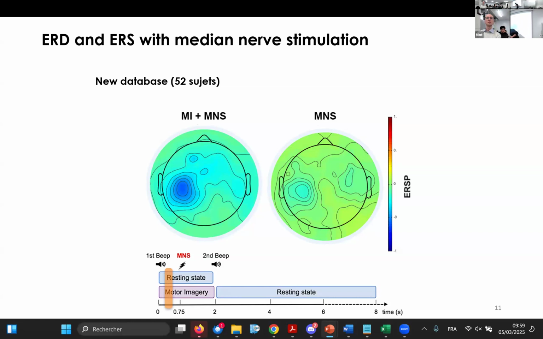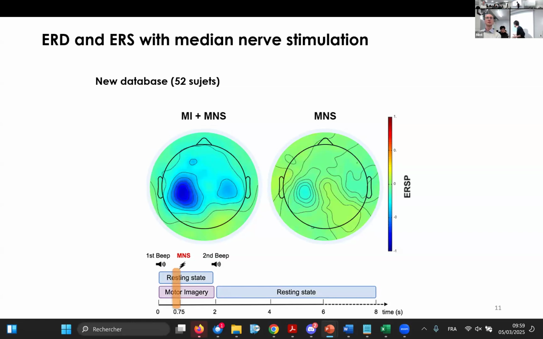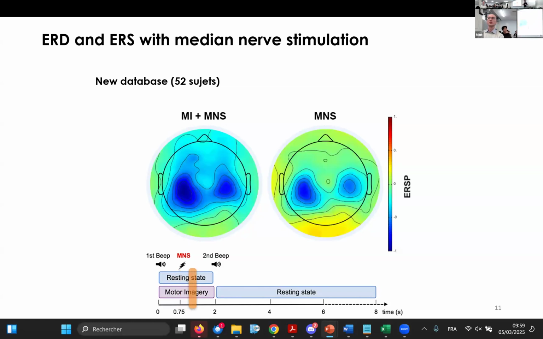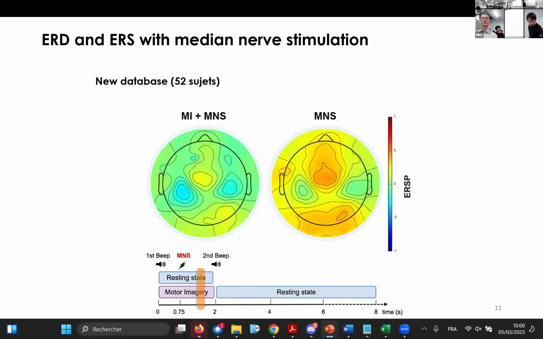And just in a few seconds, you will have the beginning of the median stimulation. So now on the left side, you have the ERD at the contralateral side. And here you can see that you have ERS against ERD. And that is why, if you use median stimulation to classify, it's very easy for the classifier to detect which class it is, because you have ERD against ERS.